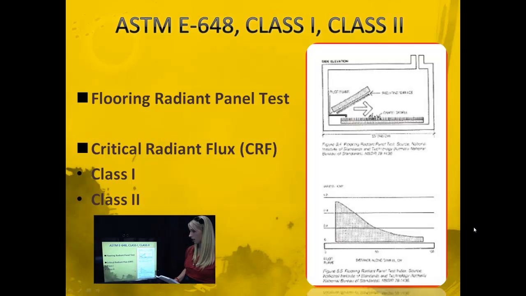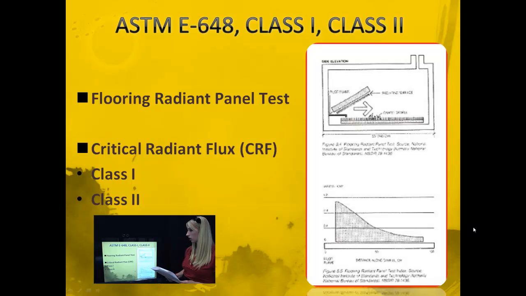So the next one is the flooring radiant panel test, and this test started in 1966, and it was recommended for floor covering systems for the following reasons. First, it measures radiant exposures. It is tested on a horizontal plane just like it is used, and it's a simple sample.